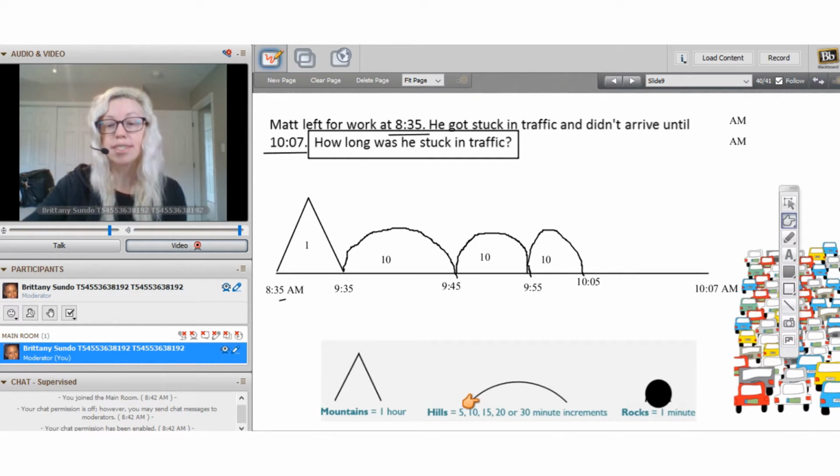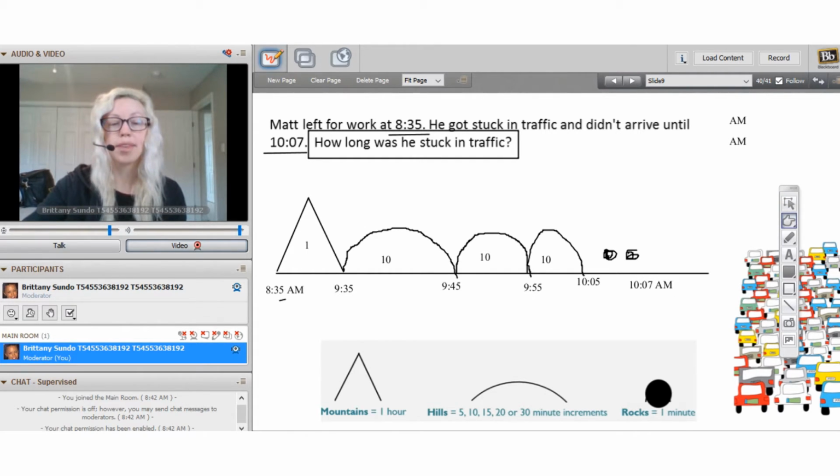So this time, since I only need to go from 10:05 to 10:07, I know that I can now use my rocks because they are only worth 1. So I'm going to do 10:05, 10:06, and then that last rock takes me to my end time of 10:07, which is right where I need to be.